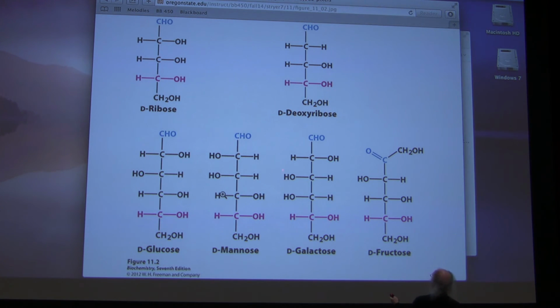So instead of right, left, right, right, it's right, left, left, right. Fructose is just like glucose, except it's a ketose instead of an aldose. If we number the carbons 1, 2, 3, we start with number 3, we see that it's exactly the same configuration as glucose. Simply, it's a ketose instead of an aldose.